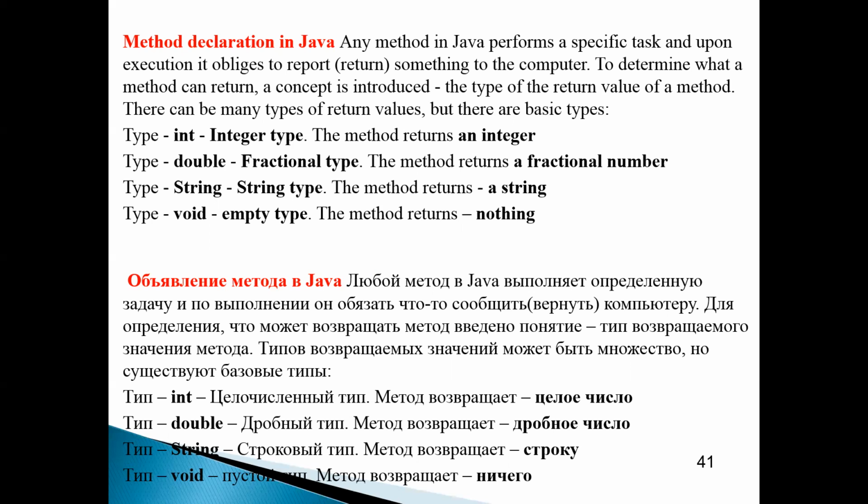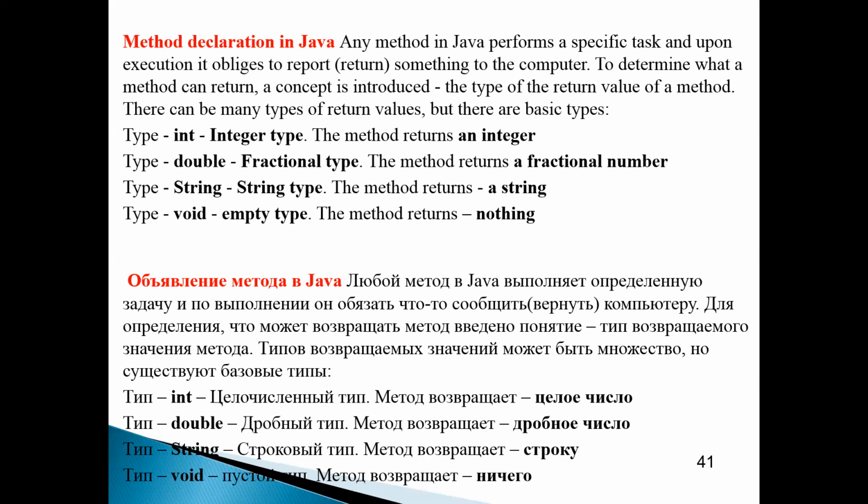There can be many types of return values, but there are basic types. Type int, integer type, the method returns an integer. Type double, fractional type, the method returns a fractional number. Type string, string type, the method returns a string. Type void, empty type, the method returns nothing.